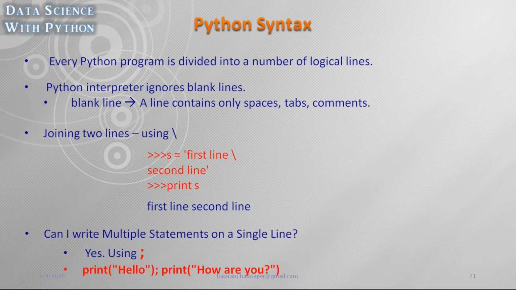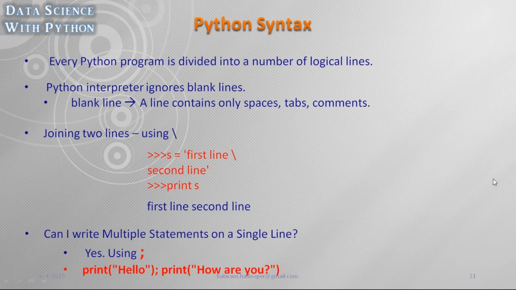In that situation, we can terminate the line and continue in the next line by giving the backslash as the last character of the first line. You can observe that S equal to first line backslash, meaning that there is a continuation.